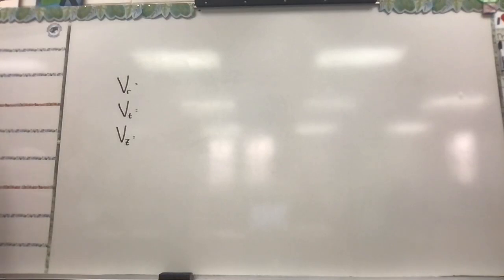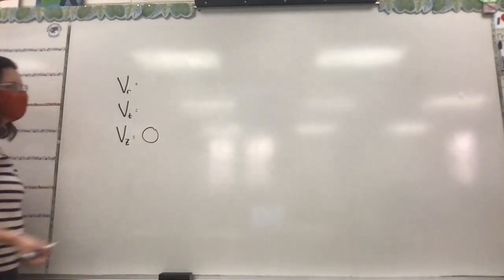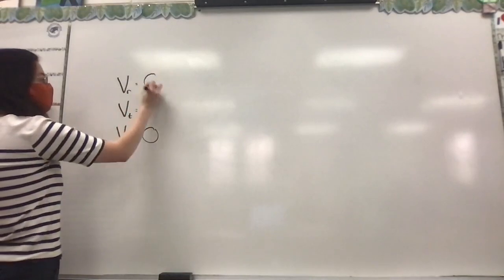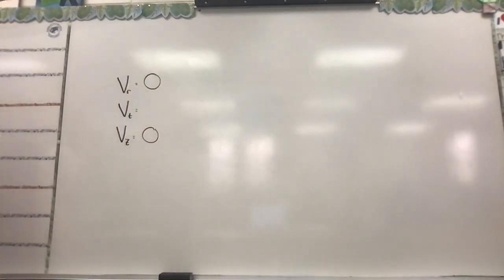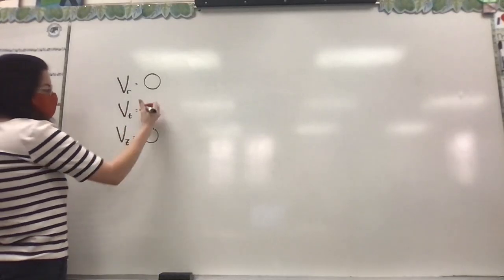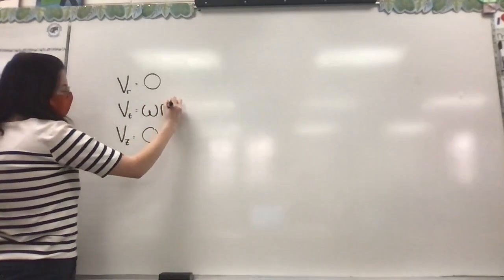Z, yep, Z is going to be equal to zero. Is anything else going to be equal to zero? No. T is the only one that we have a value for. And our value for the velocity in that tangential axis is omega times R.